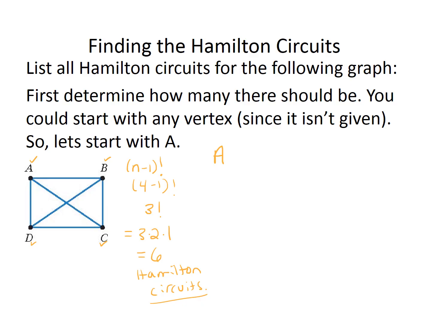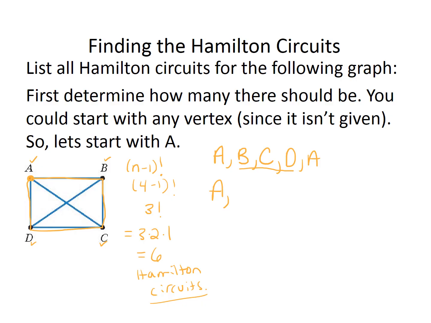We're going to start with A, and the one that jumps out first is A, B, C, D, and back to A. A is going to be starting and ending, so we just need to figure out the different combinations of B, C, and D. This is a complete graph, so you can go from each vertex to every other.